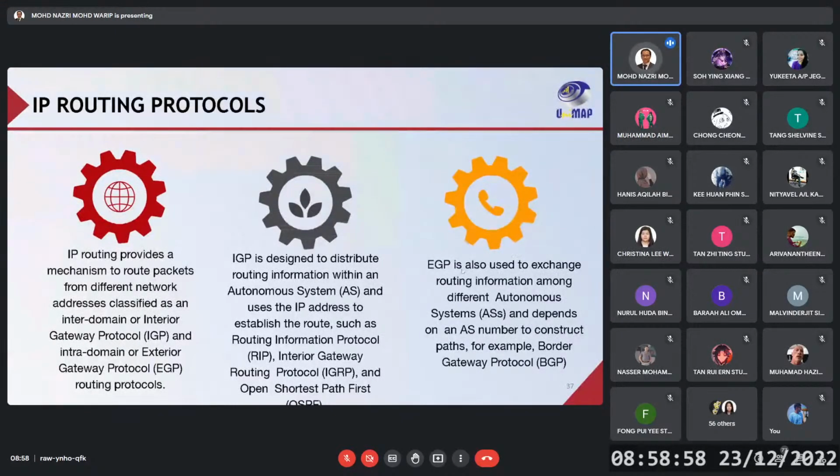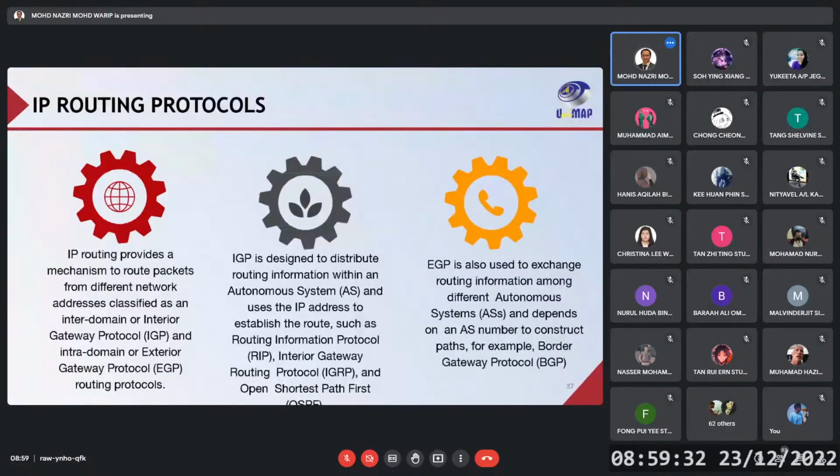Okay, what is EGP? EGP is also used to exchange routing information among different autonomous systems and depends on the AS number to construct paths. For example, BGP, border gateway protocol. So in this class, BGP is a very small topic, because BGP is normally for advanced networks. Normally, for this class, we only focus on IGP.